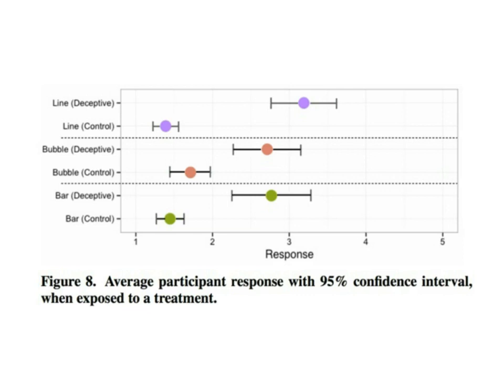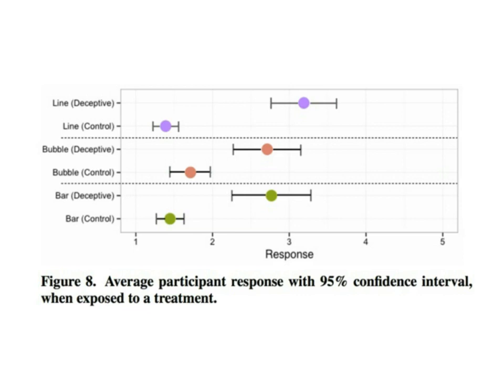And the interval here is 95% confidence. You can see that people made these very large errors and weren't even in the ballpark of the real value. So they were really deceived very strongly by this. So what this tells you is that you have to be very careful with things like using cropped axes in a bar chart and also controlling the aspect ratio of your line charts and so on.